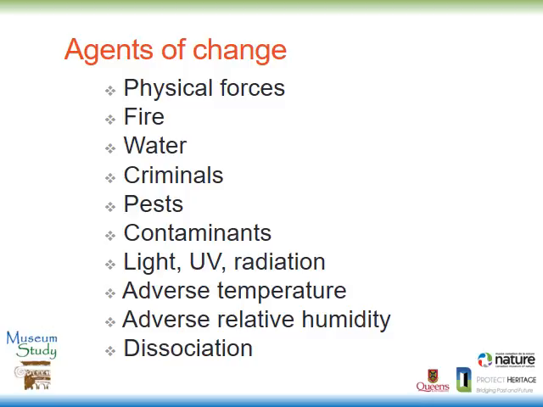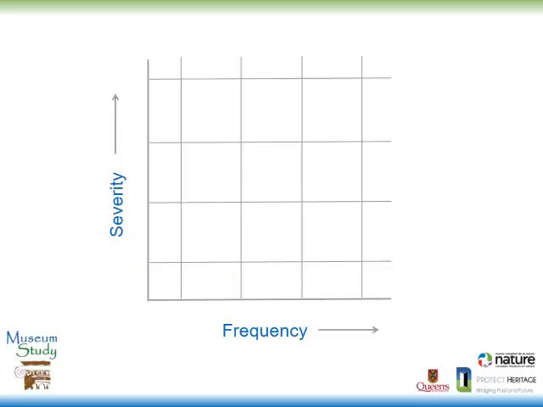Many of these agents of change can manifest themselves at different severities and frequencies. Let's think of this one risk, we'll call it R1, which is a high severity, low frequency kind of risk, maybe a very severe earthquake.